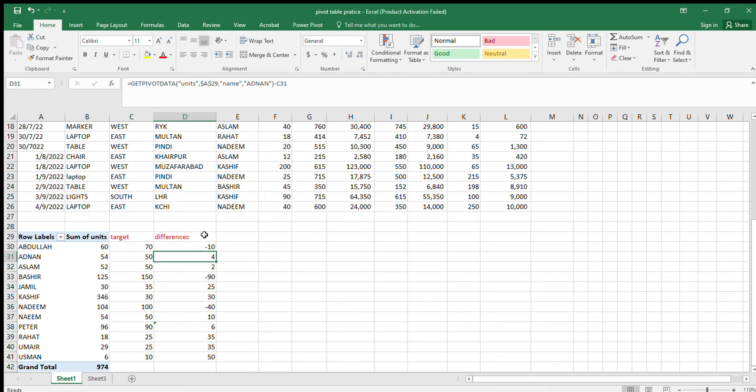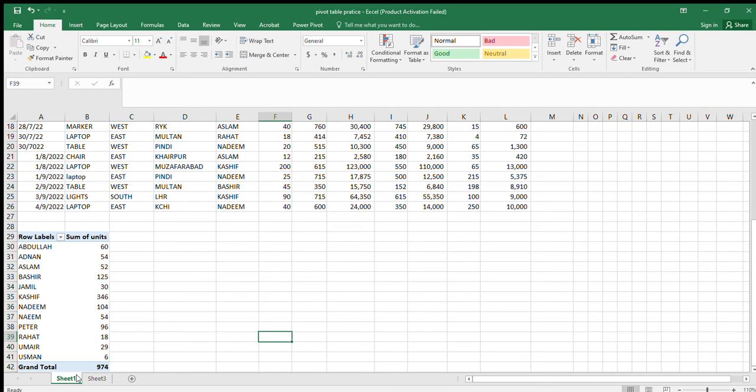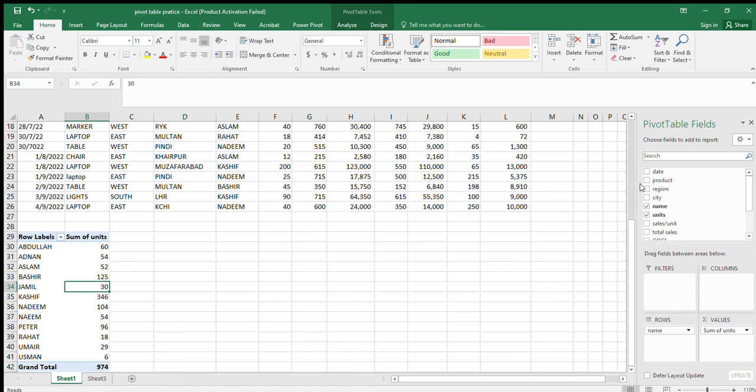Let's go further. If we remove this working we have done for this specific purpose, next step is here. Maybe we click here, it will come again here. This was the performance in units.